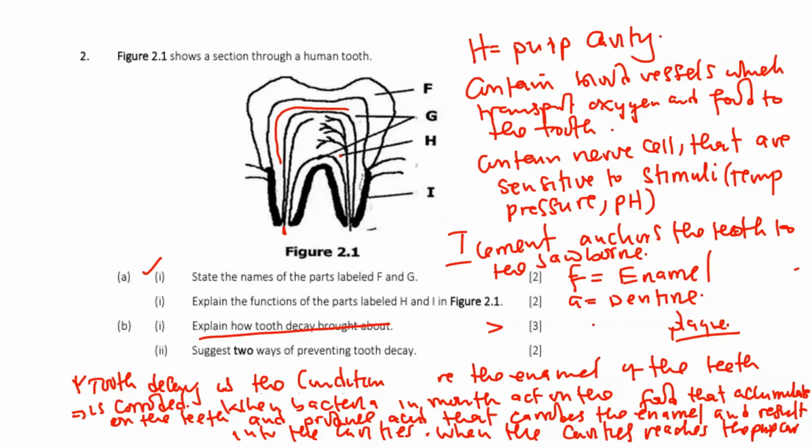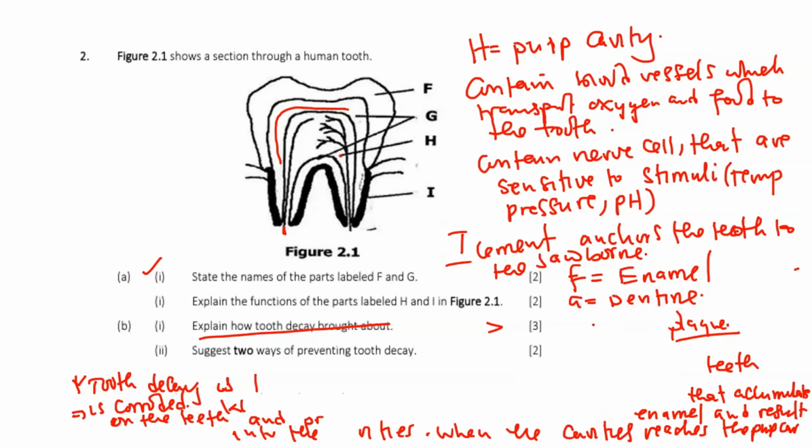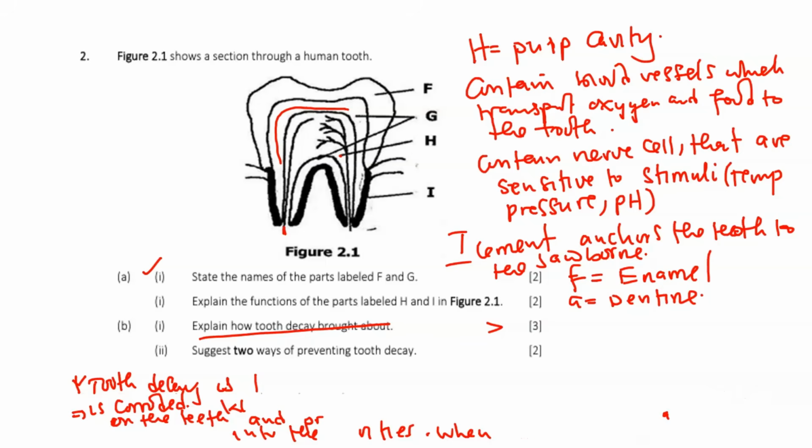Then explain 2 ways to prevent tooth decay. How can you prevent tooth decay? One of them is brushing teeth after having a meal. So that is one way to prevent tooth decay.